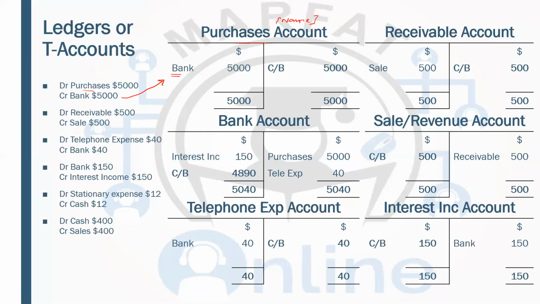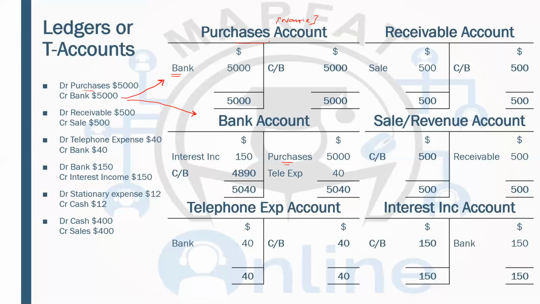So purchase account is being debited, and we are going to give the opposite reference. Similarly, the bank account is credited, and we are going to give the reference of purchases instead, because by looking at the bank account, we can realize that we have done the purchases worth 5,000 from the bank account.